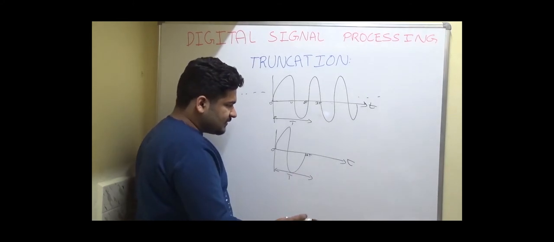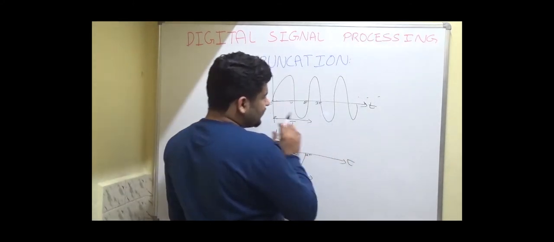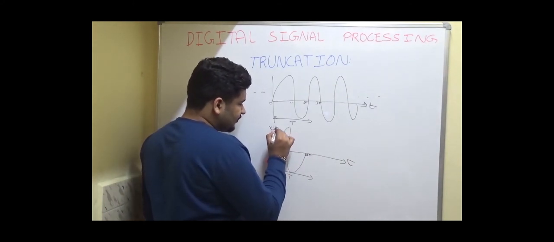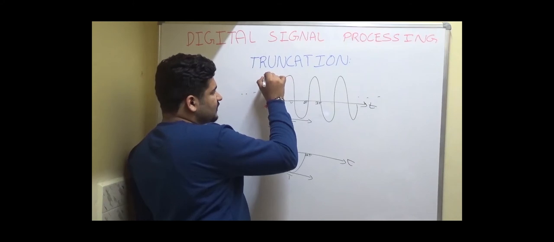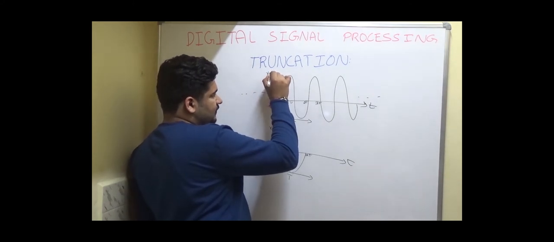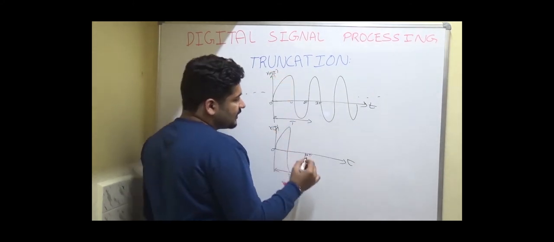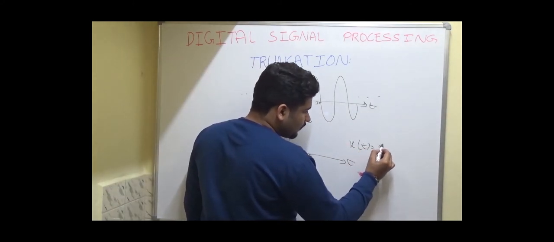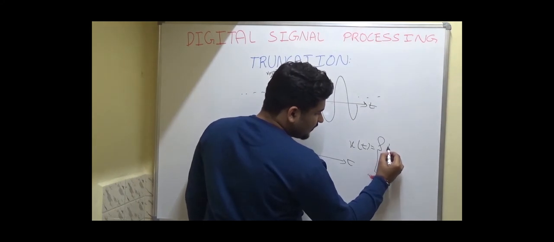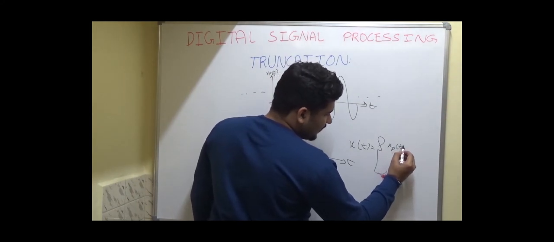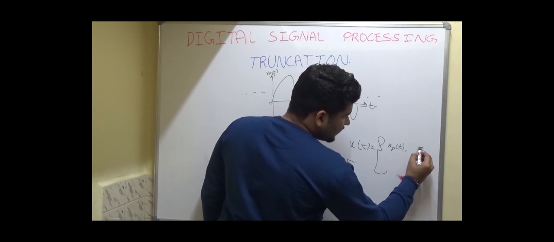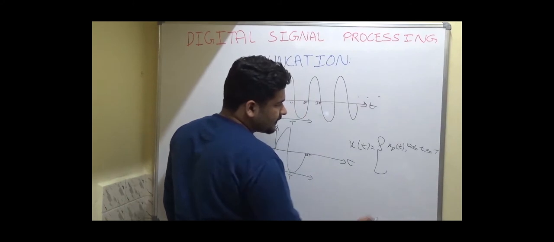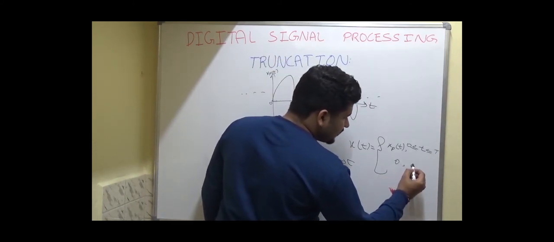So how do I represent this signal is very simple. See, the signal is periodic. So now if this signal is represented as x of t, and the periodic signal is represented as xp of t, then I can define this signal as x of t is equal to xp of t when t ranges between 0 to capital T, and 0 otherwise.